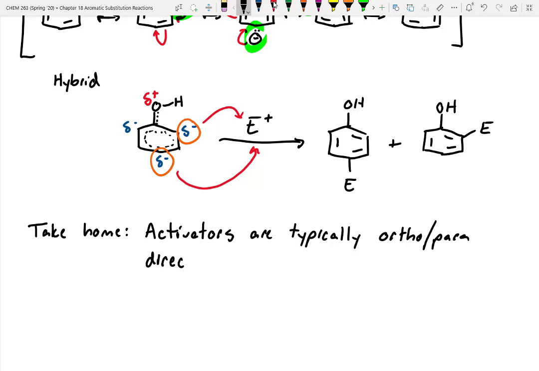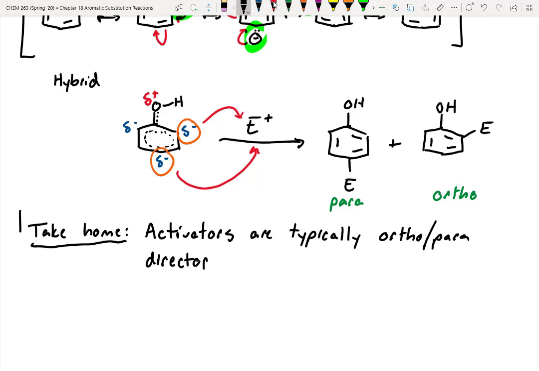And what that means is the electrophile that gets installed is either going to be para, like this example, or ortho, like this example. So we can predict the regiochemistry of our final product. And this is really important, especially as we start planning out synthesis problems.